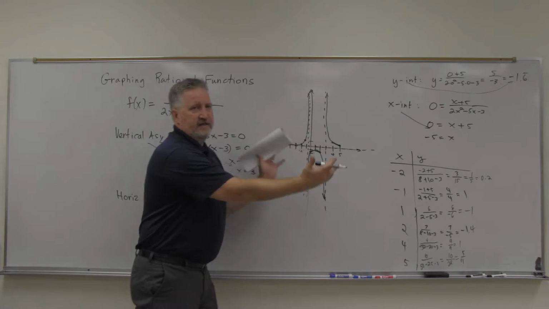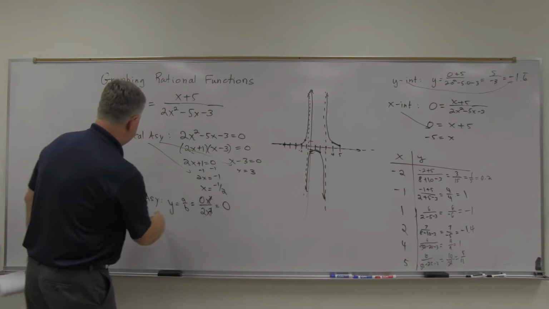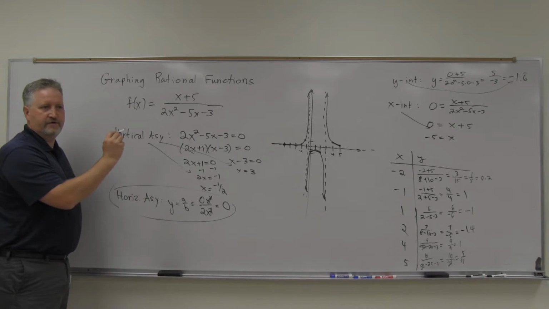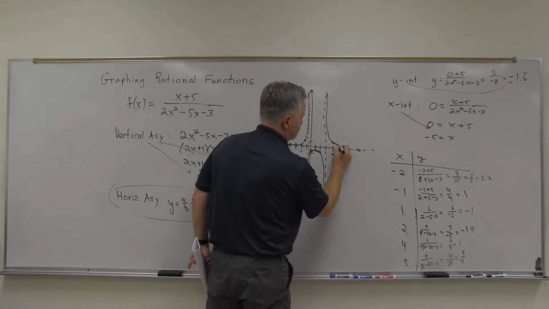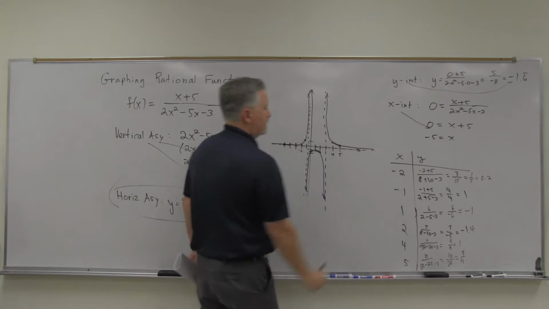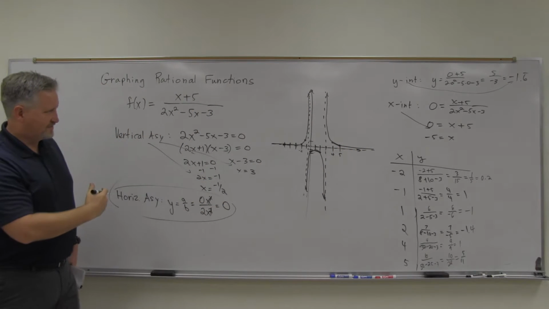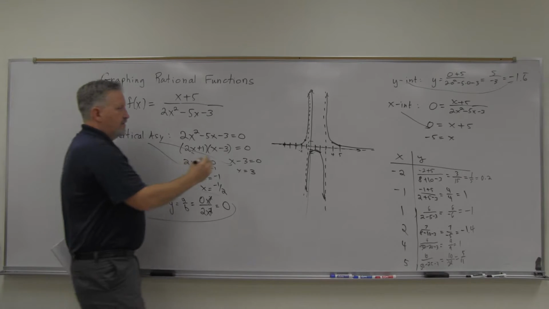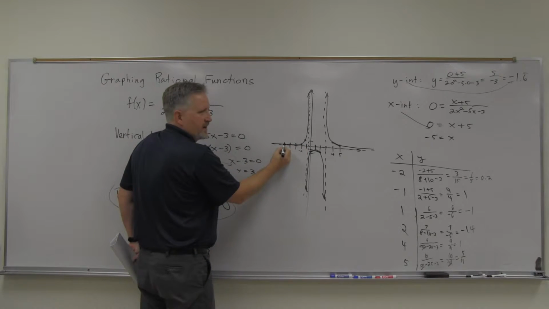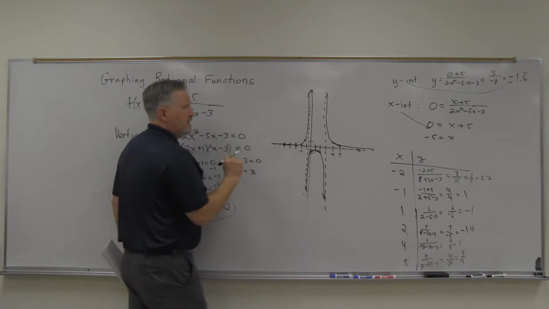So that just leaves kind of the ends. Well, the ends, this is your end behavior. The horizontal asymptote is 0. So it's going to level off at 0 out here. Which brings us to the other side of it for last here. Notice I connected it up because that is my x-intercept right there.